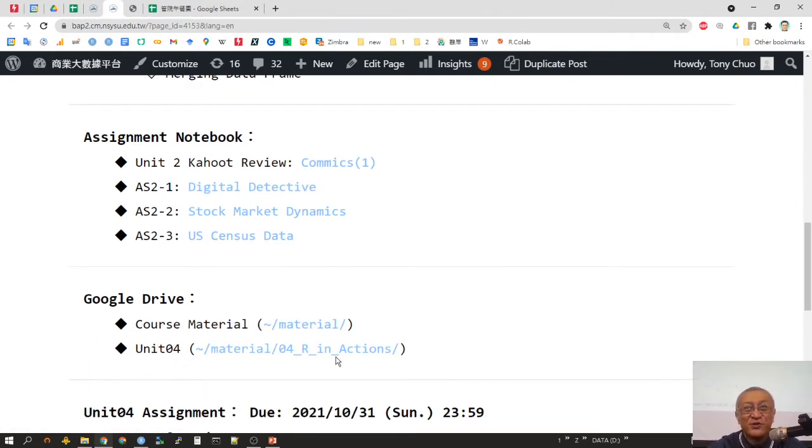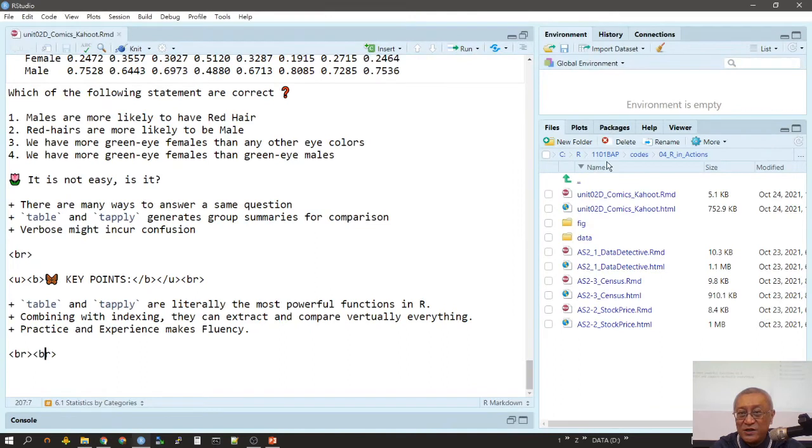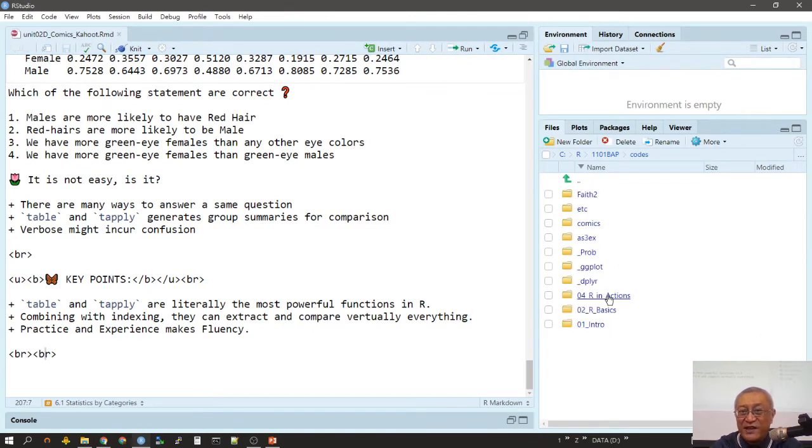You can download the material, and what you should do is unzip the data and put the folder at the same level as 02, right? This is 04, right? So you should unzip the data and put the folder at the same level as 04. It's the same level as etc. And then you should be able to knit all of the notebooks without problem.